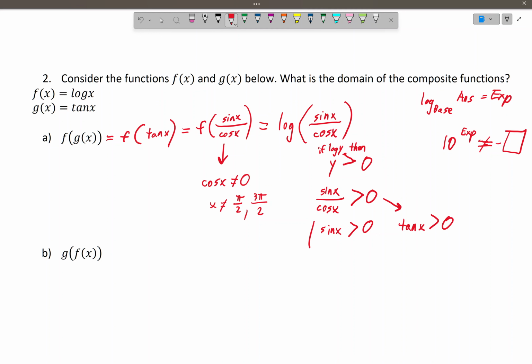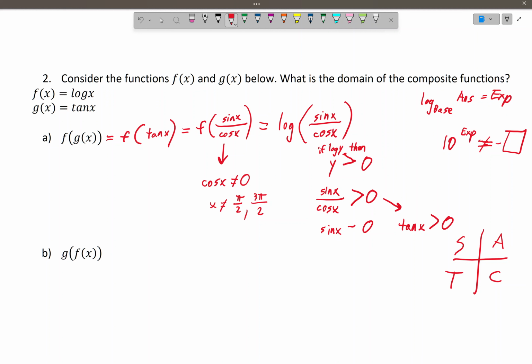Well, where does this happen? That happens in certain parts of our unit circle. So if you think about the CAST rule, tan and sine must be positive. Well, that only happens here, only in one spot. I guess no, that's not a fair statement.